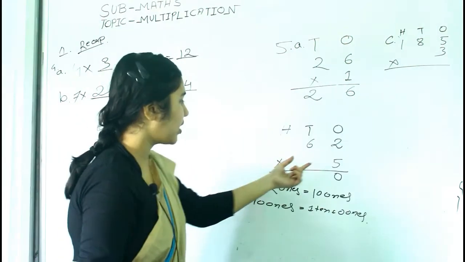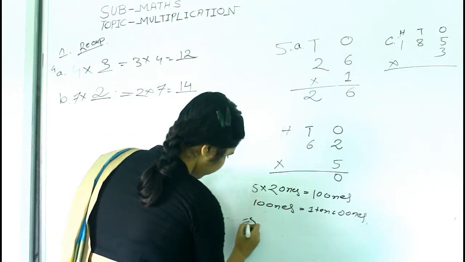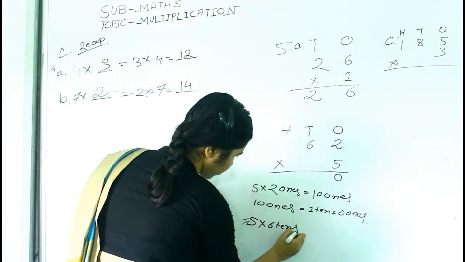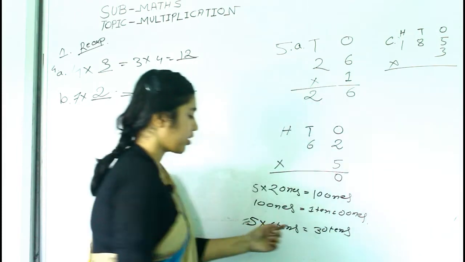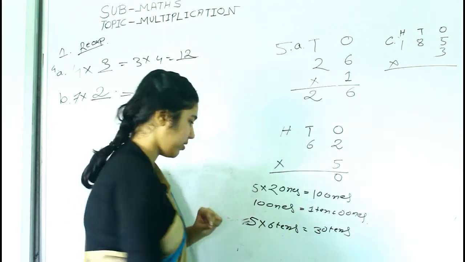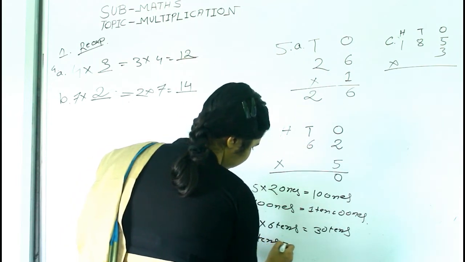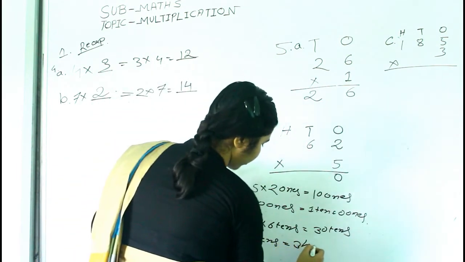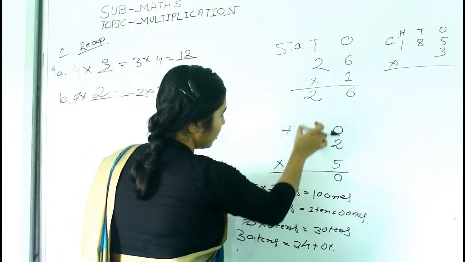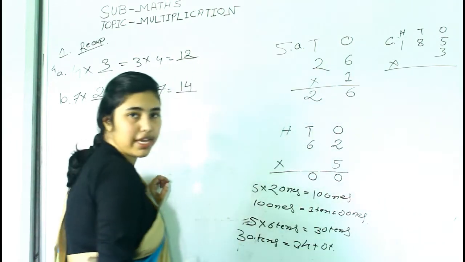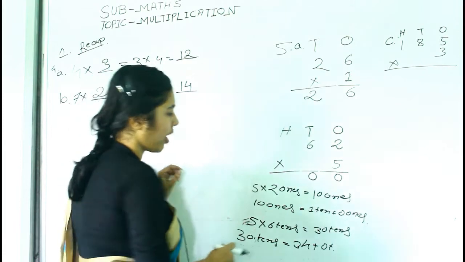Adding the carried 1 ten gives 31 tens, which is equal to 300 plus 10 tens. So write 0 in the tens place, and we have nothing here in the hundreds place, right?